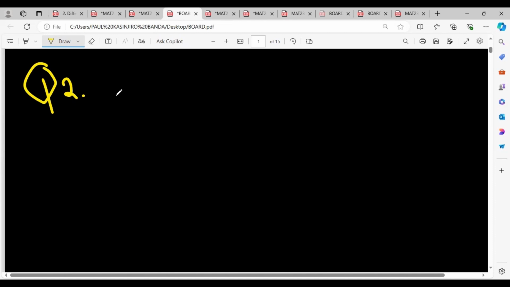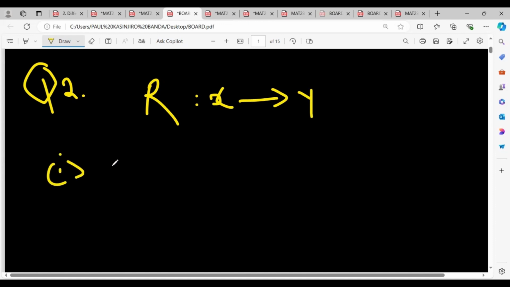So before you define, you may want to write a mapping. We'll say let the relation R be a mapping from set X to set Y. And then you can define those two terms now.